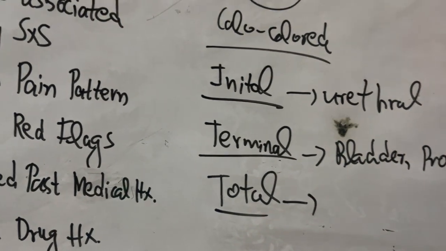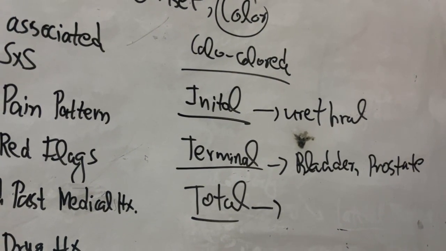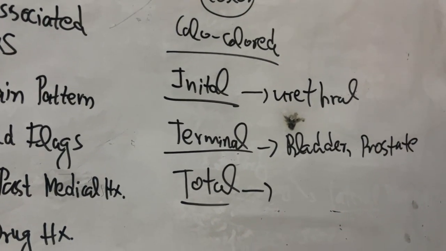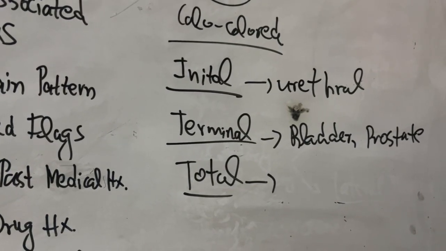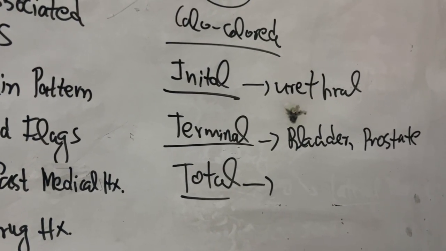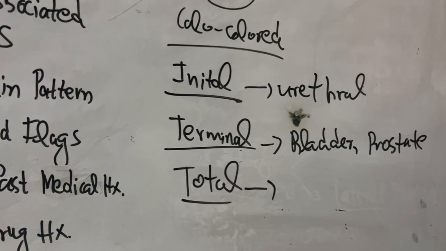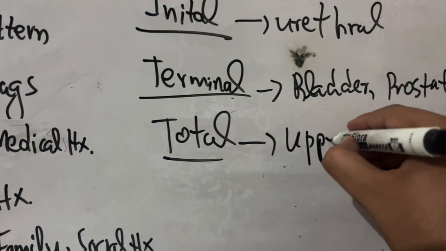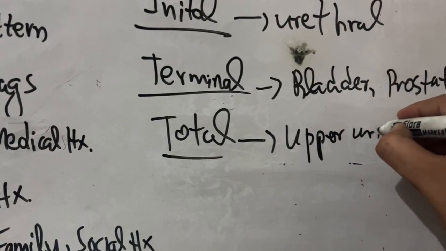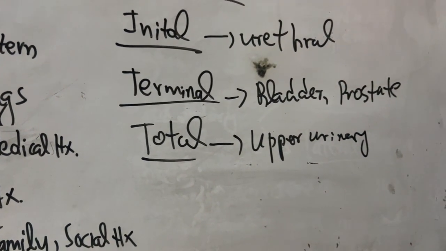But if the hematuria is total, meaning that it is present throughout the urinary stream, then it raises suspicion of upper tract diseases, the upper urinary tract, like bladder, ureter, and renal causes.